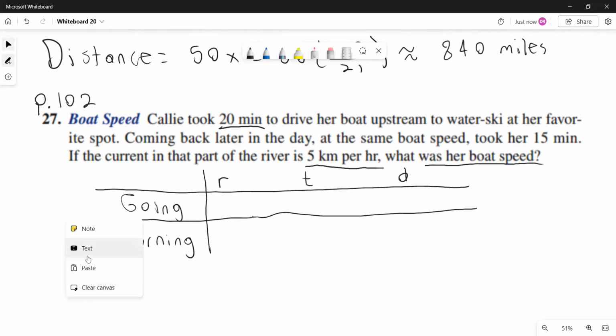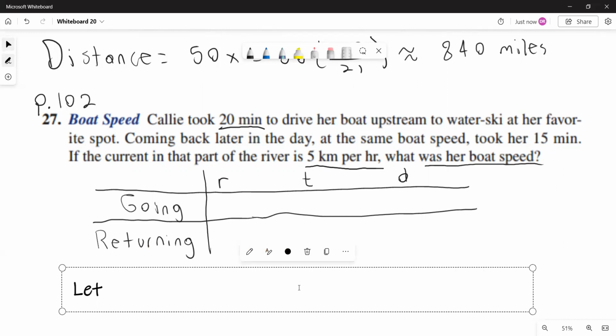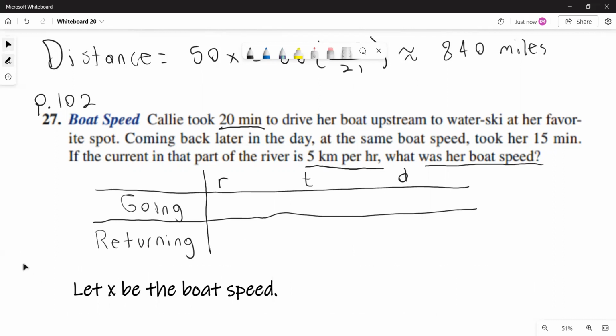So let x be the boat speed. We can also see from the context that Callie took 20 minutes to drive her boat upstream, and coming back it took her 15 minutes. So the returning trip was shorter, even though the boat speed was the same.